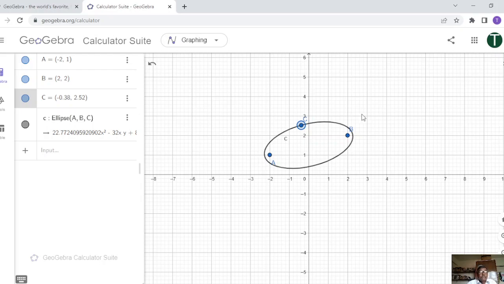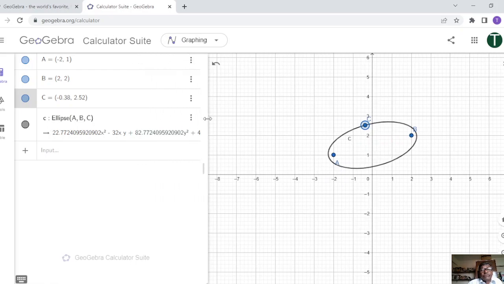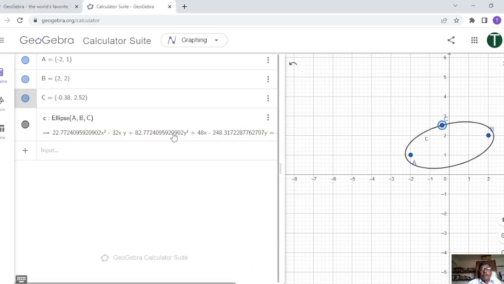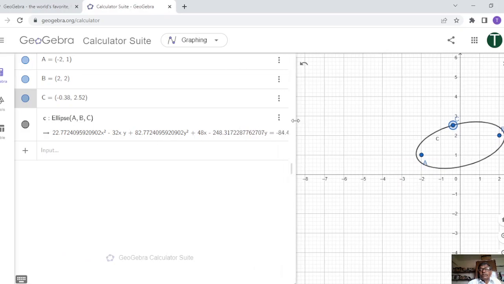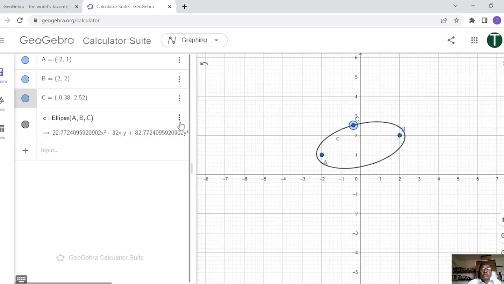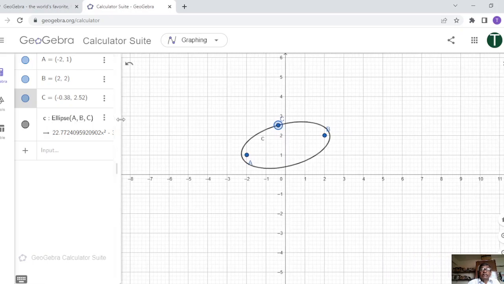It is changing. Okay, this is the ellipse. Now once the ellipse is produced, it gives the equation of the ellipse in this form. Okay, this is the equation of the ellipse, mind you. So it returns you the equation of the ellipse.